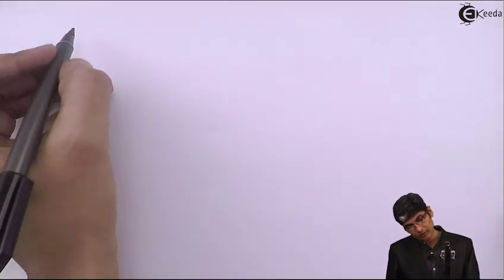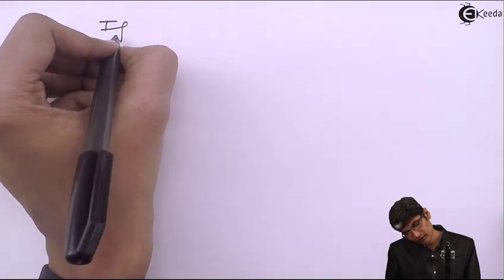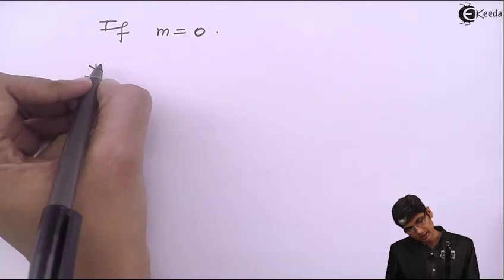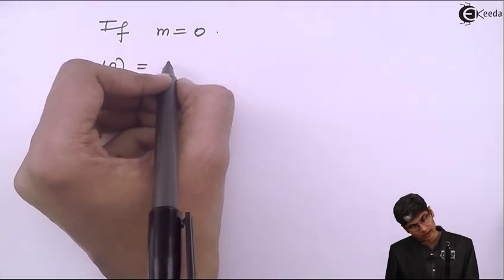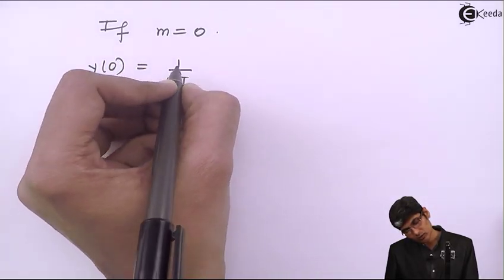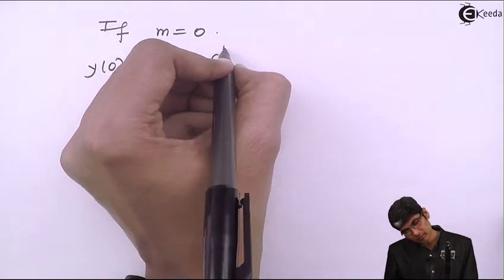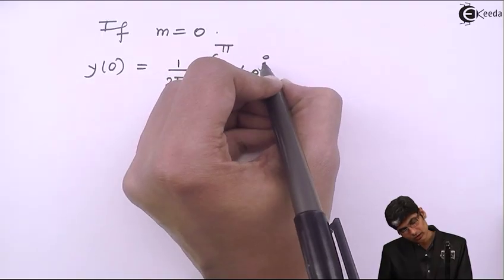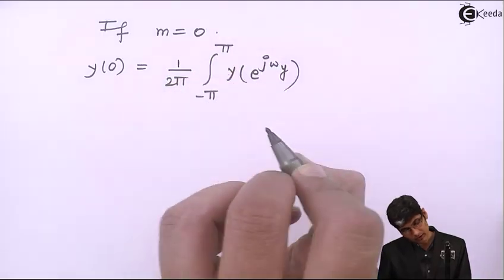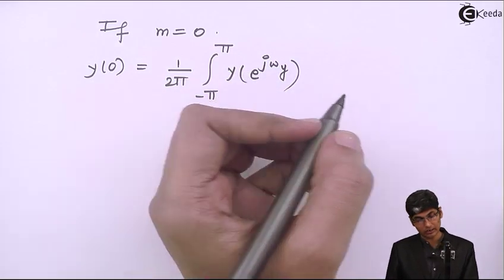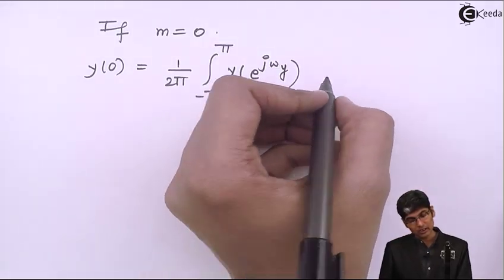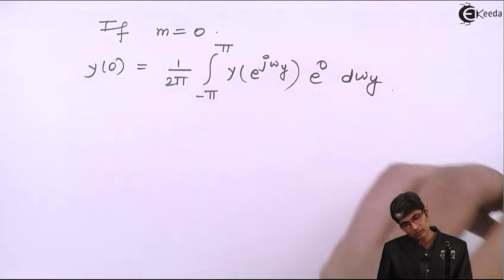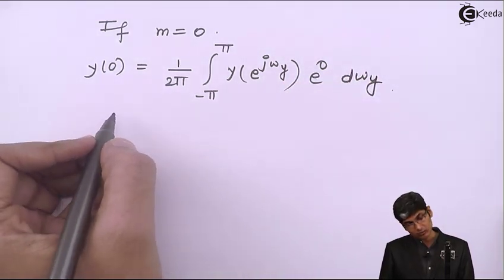So what will we get if I put m equal to 0 in the above equation? I will get y of 0, which is nothing but 1 over 2 pi, integral from minus pi to pi, y of e raised to j omega y, which we will just put shortly. Then putting m equal to 0, I get e raised to 0 d omega y.